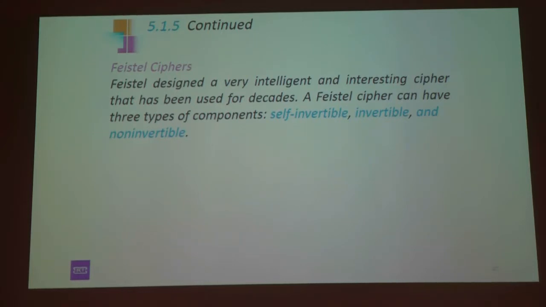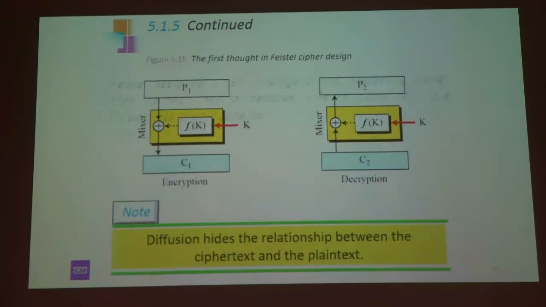A Feistel cipher can have 3 types of components: self-invertible, like what? What is self-invertible? XOR is self-invertible, right? Then invertible, and non-invertible.